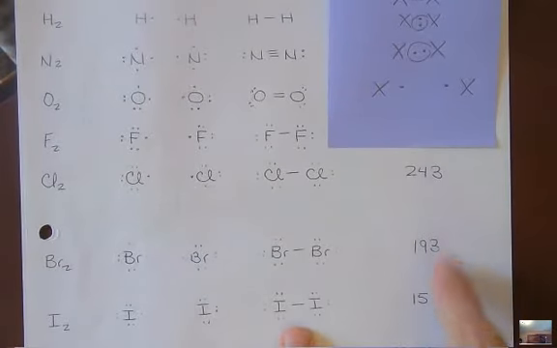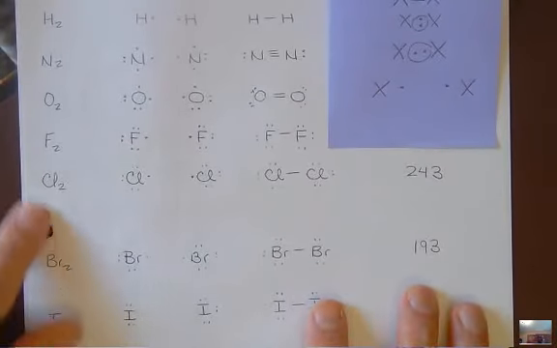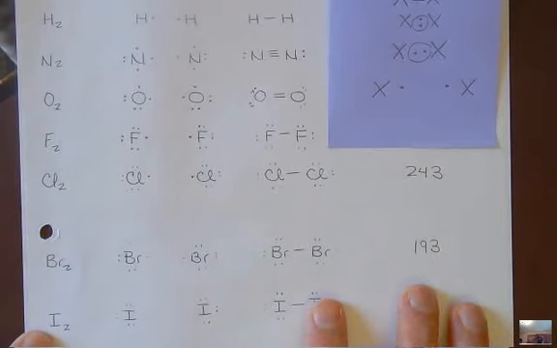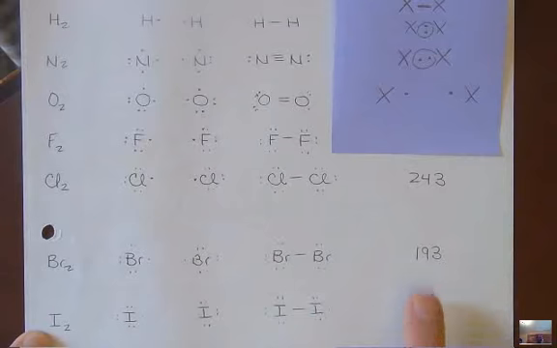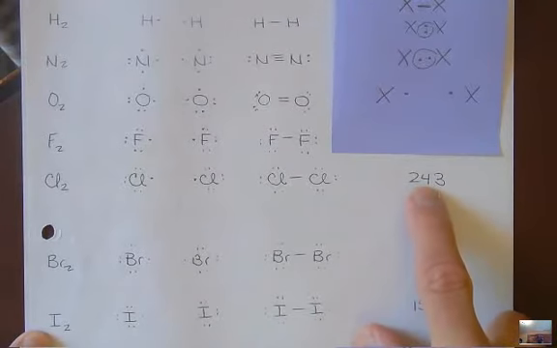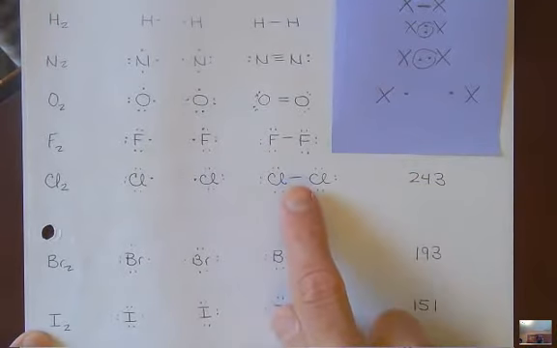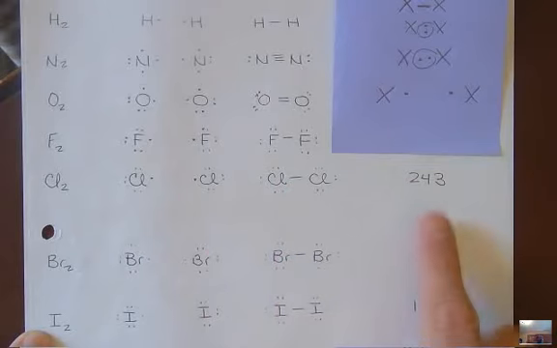So if you were asked to compare the bond strengths of these three molecules, that have a lot in common, they're all coming from group 17, the smallest ones are going to be the strongest ones, right? All just single bonds. These are smaller though, okay?